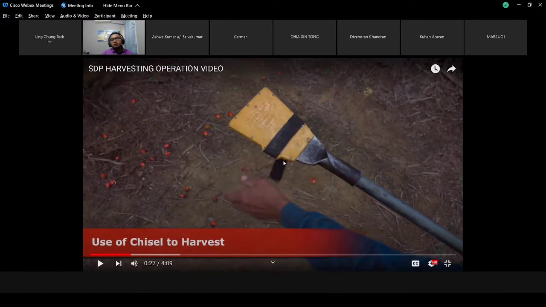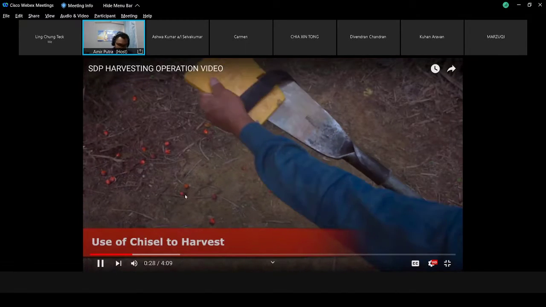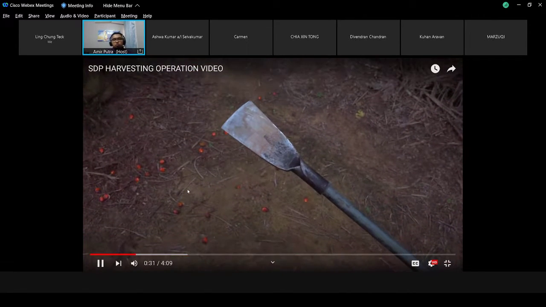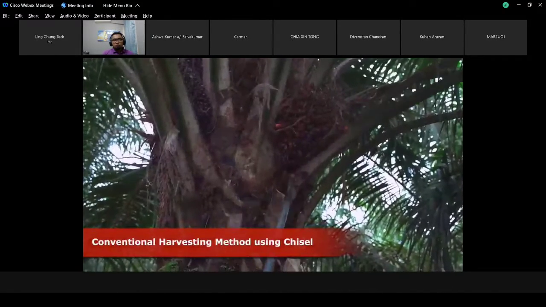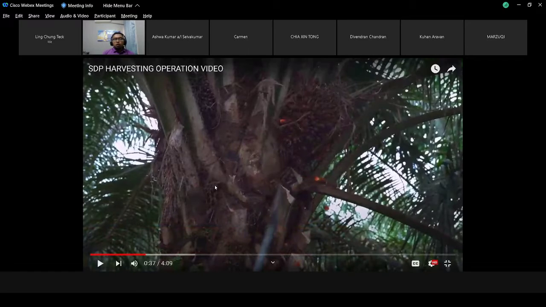Okay, this first cutting we consider as the conventional technique, using a chisel to harvest, to cut the stalk. The height of this tree, normally we call it the young oil palm tree.